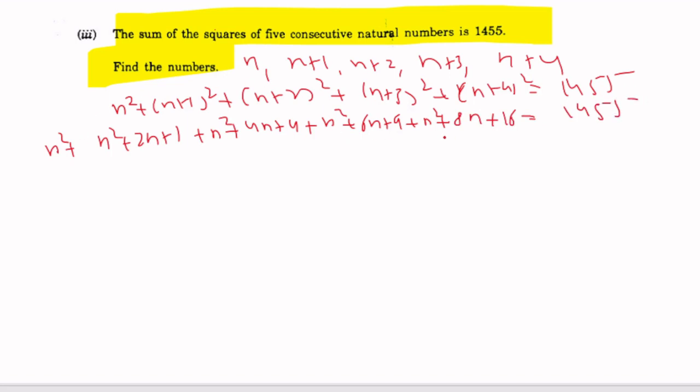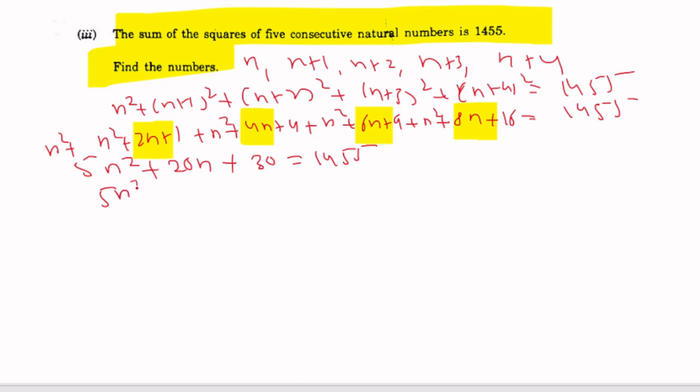1455. If you add everything, you'll get 5n square, and adding which one? 2, 4, 6, 8. So this is equal to 20n, and the constant will be equal to plus 30, equal to 1455.